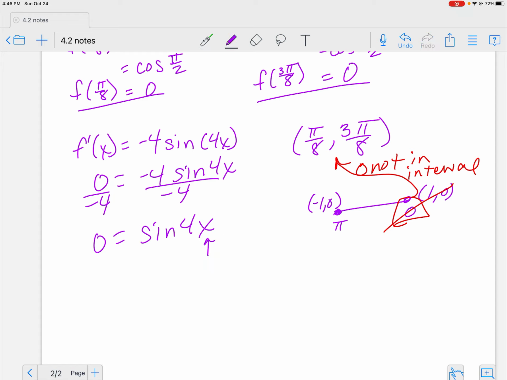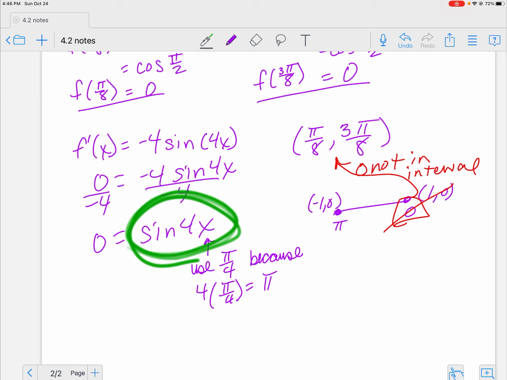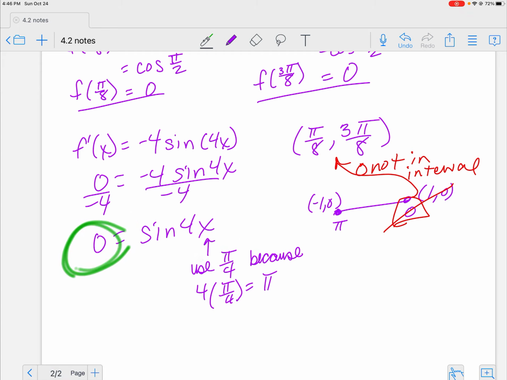Yeah, so it's tricky, right? So I'm going to use pi over 4 because 4 times pi over 4 is equal to pi. Do you see that? Right, so my ultimate goal is to say, when is the sine of 4x going to give me the output of 0?